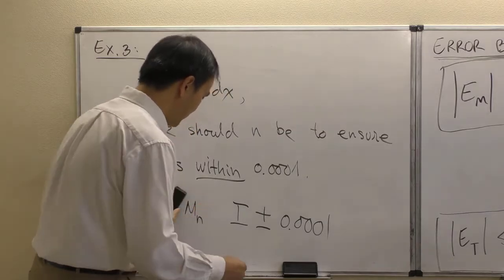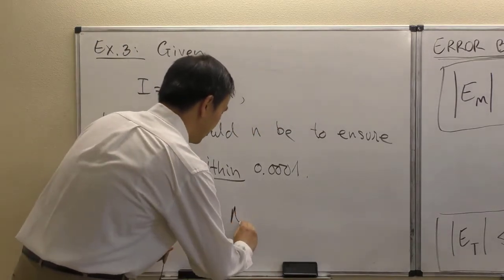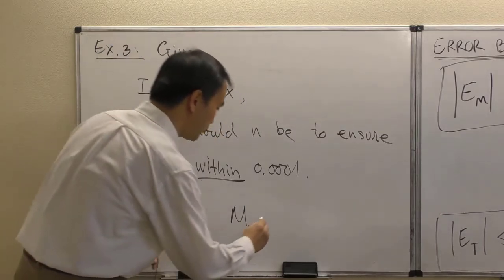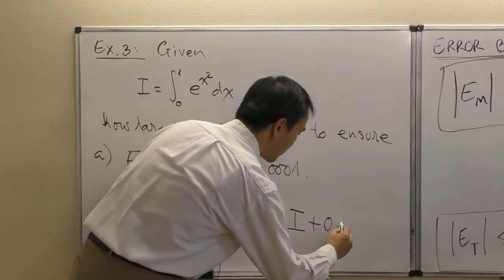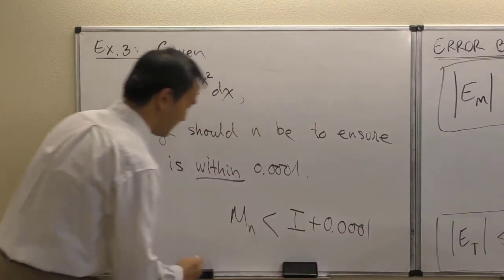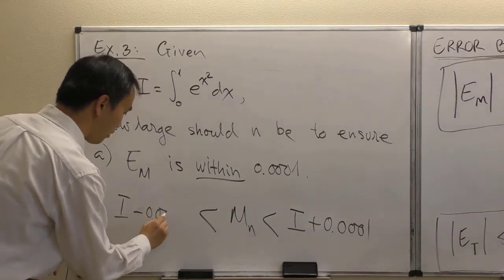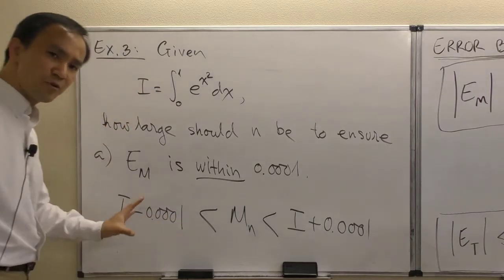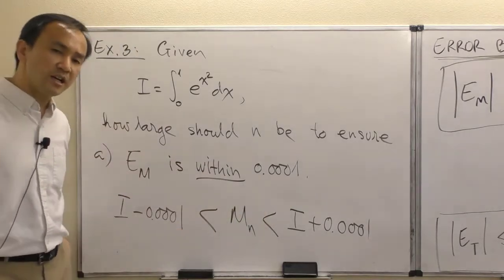A more precise way of saying that is that the approximation has to be less than the actual answer plus 0.0001, and more than the actual answer minus 0.0001. That's how we can precisely write it, as a three-sided inequality.